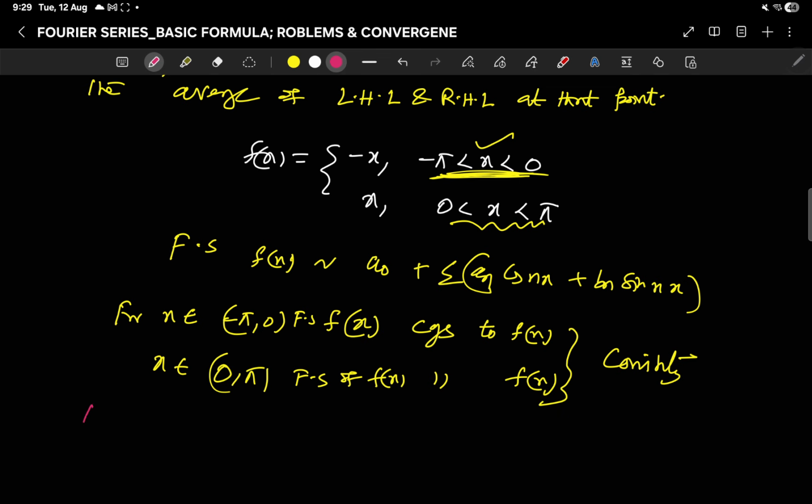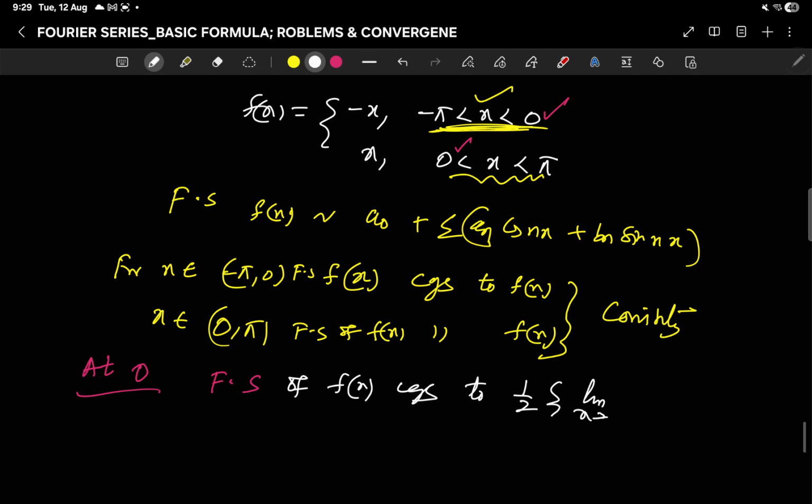But what will happen at 0, say 0 is a jump here. So the Fourier series of f(x) converges to the average, half of the limit as x tends to 0 minus of f(x), the left hand limit, plus the limit as x tends to 0 plus of f(x).